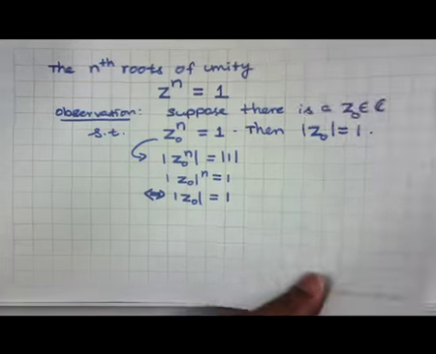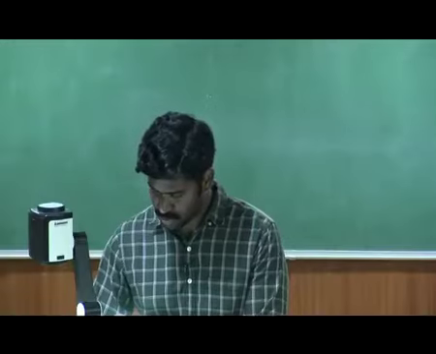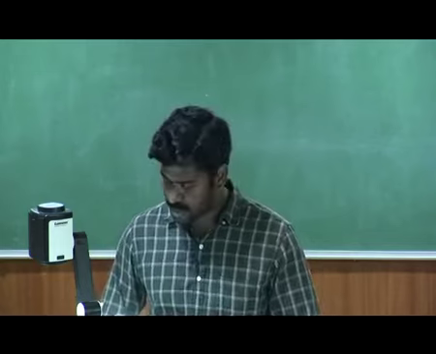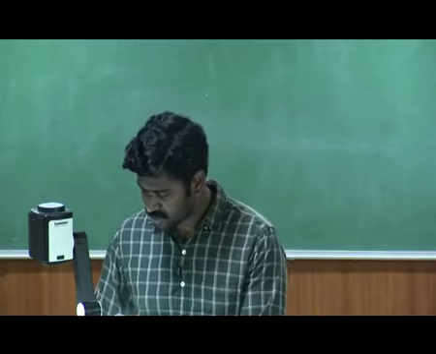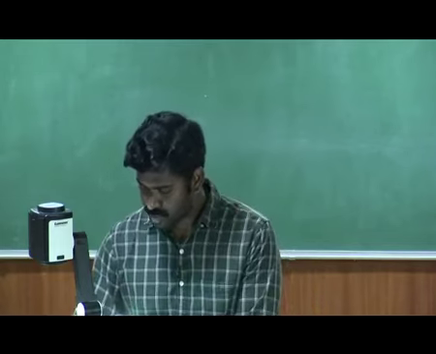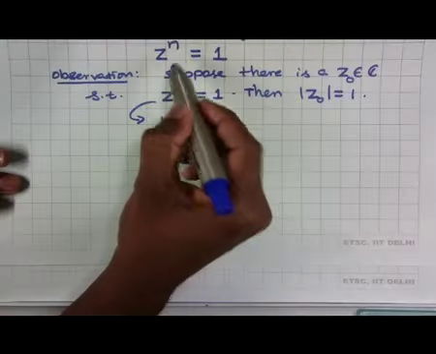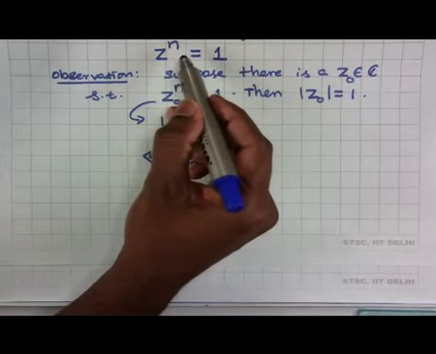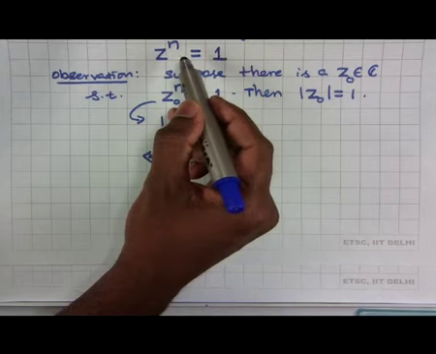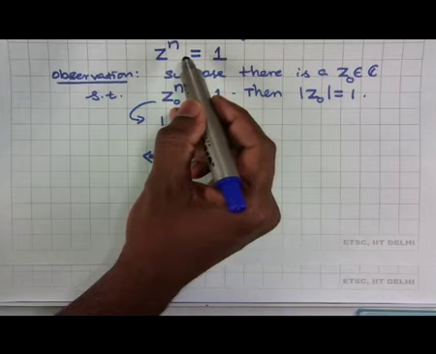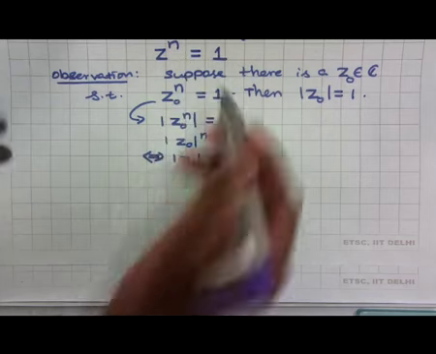Now with this observation let us discuss simple cases, taking n equal to very specific values, and try to observe which numbers satisfy this equation for a fixed value of n.